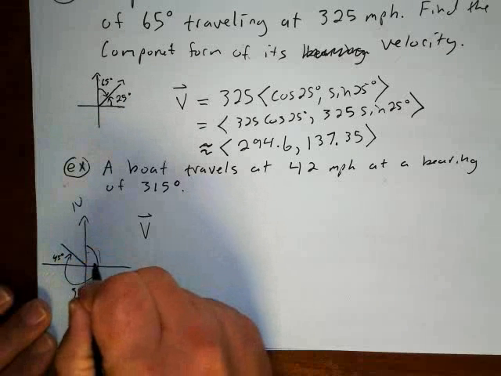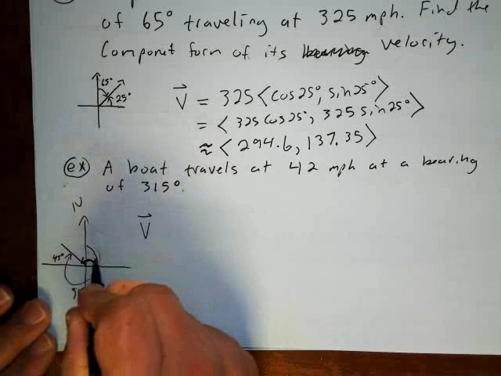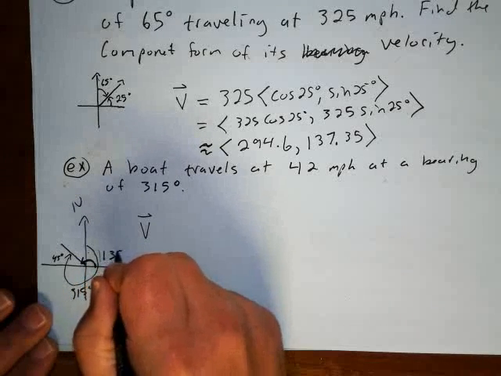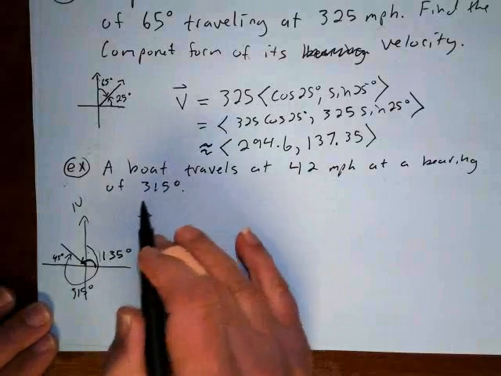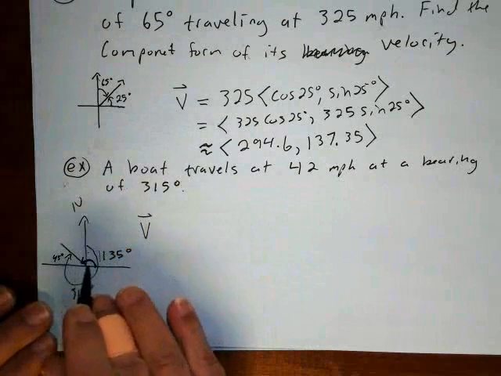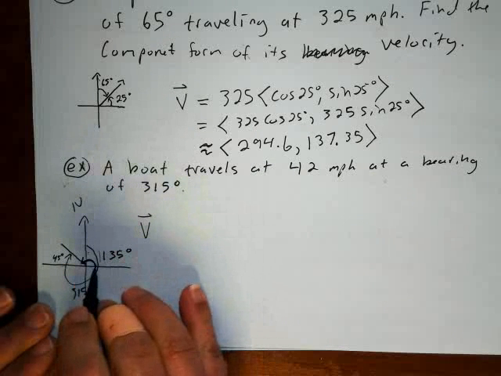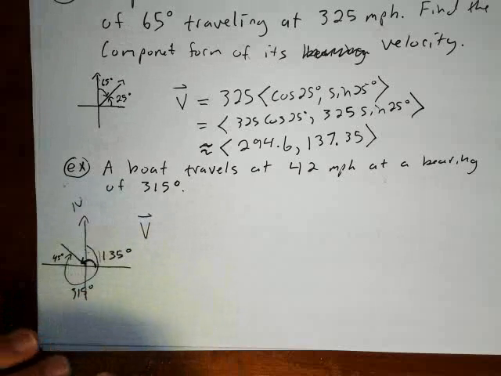And this angle is what we want. We need the angle from the x-axis to here, and that would be 135 degrees, 180 minus 45. So I have to take this and get the right angle. This is going from north clockwise, and I need to find the angle going from the x-axis counterclockwise.